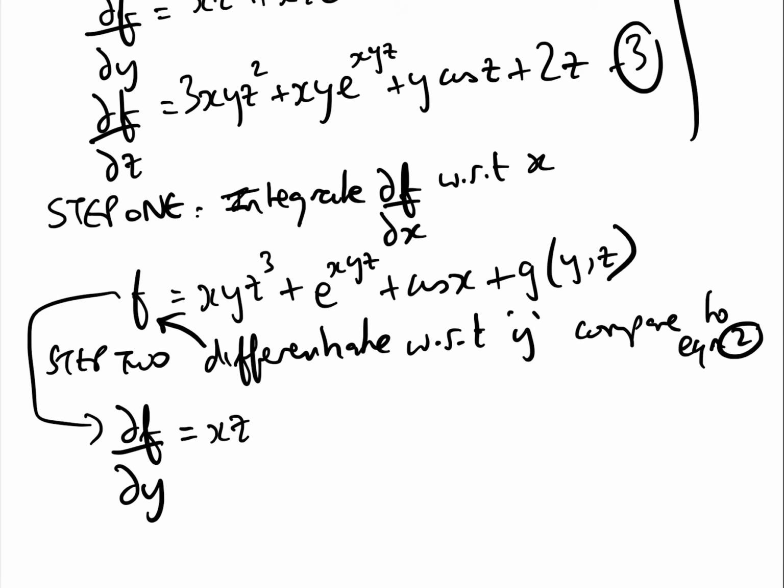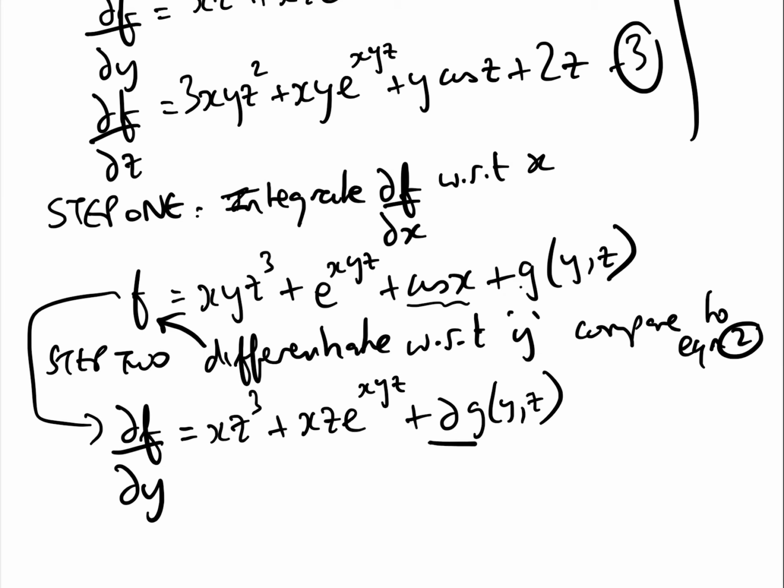Okay, and that gives us xz cubed add xz e to the xyz add, well, that's only a function of x, that disappears. Now this one here, partial derivative of g of y and z with respect, whoops, sorry, my apologies. Let's just rub that out because that is a bit of a mess. There we go.